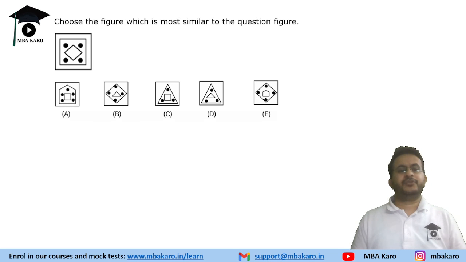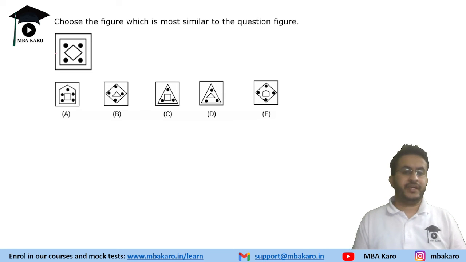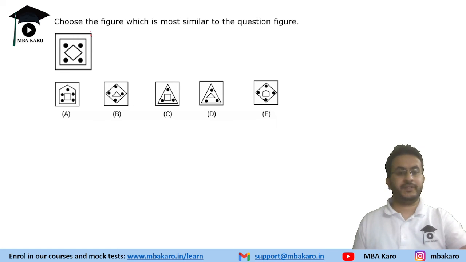Next question. Choose the figure which is most similar to the question figure. So we are given a question figure, and we need to tell which is the most similar. Whenever you have this kind of structure, notice that this is the outer shape, so do not count the outer shape in the questions.